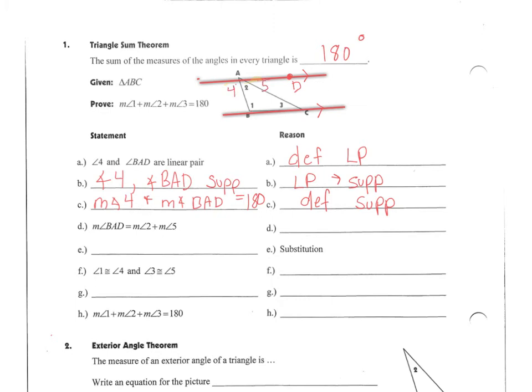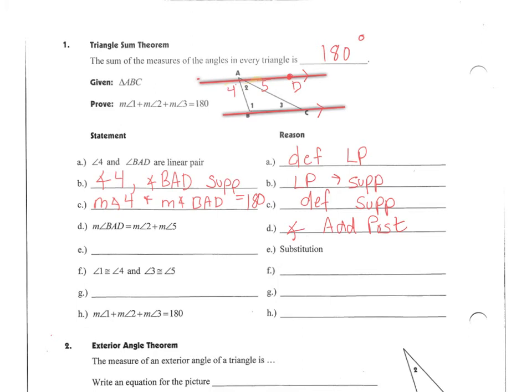So we're going to say that the measure of angle BAD is actually equal to the measure of angle 2 and angle 5. And that is true by the angle addition postulate. That's not one that we used last chapter very much, but we're bringing it back in this chapter.